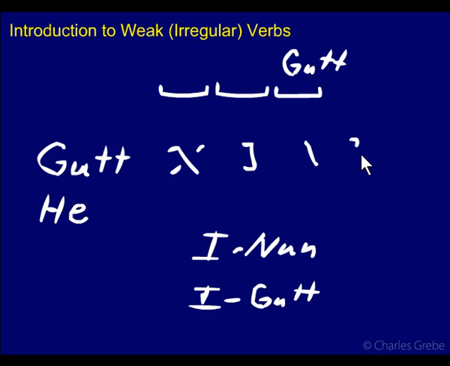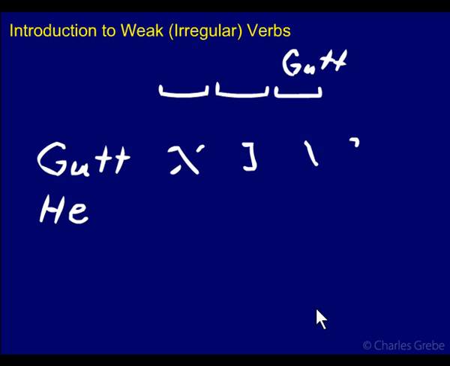Now, there is an older designation, the way they used to talk about these things. They used to name them using the paradigm verb pa'al. Now we saw this before when we looked at the names of the binyanim.